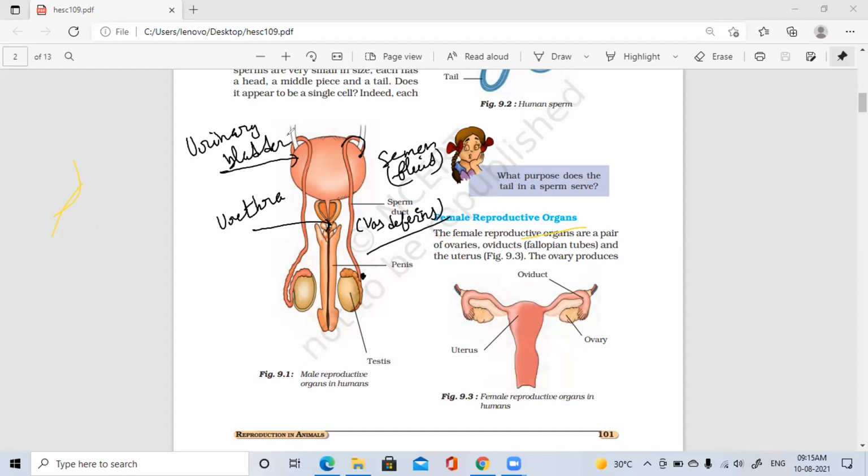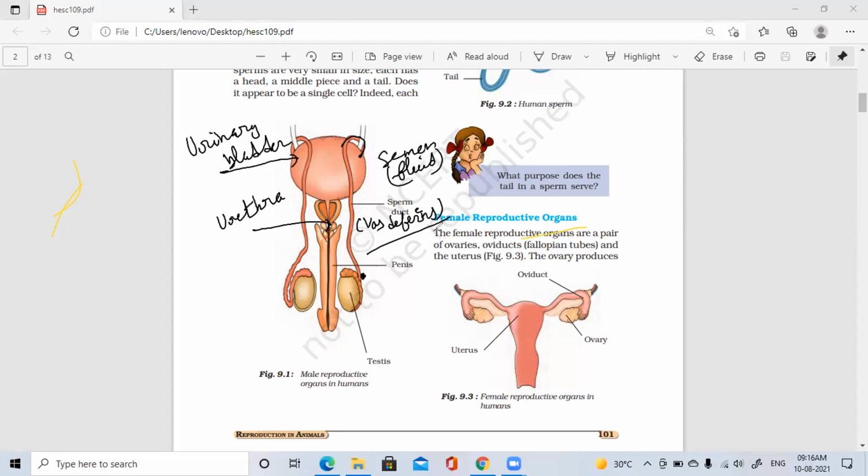It runs through the penis and opens to the outside through the male genital pore. The semen from the vas deferens also joins the urethra. So semen also reaches through the urethra, and the urethra carries urine from the bladder as well as semen from the vas deferens to the penis.